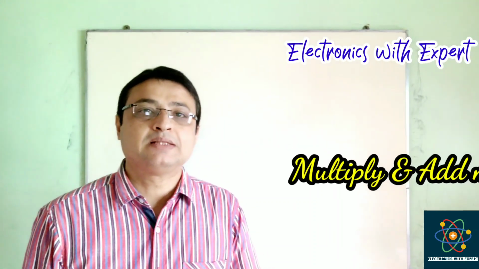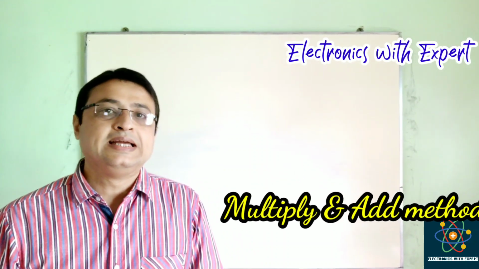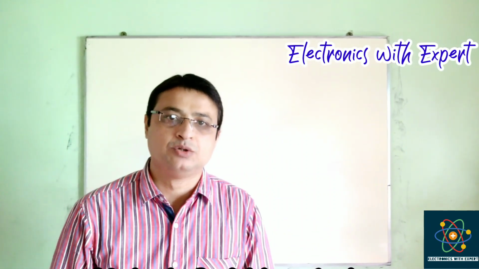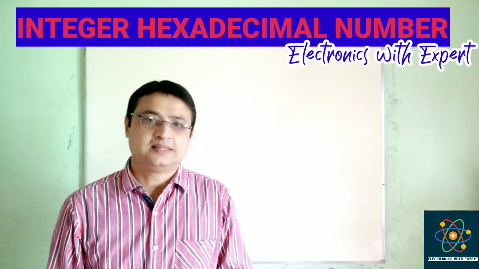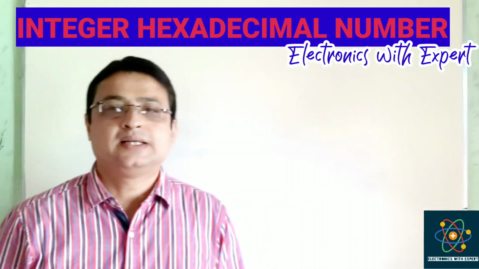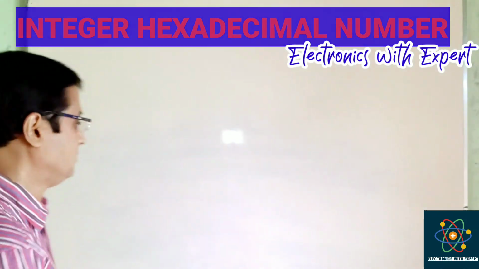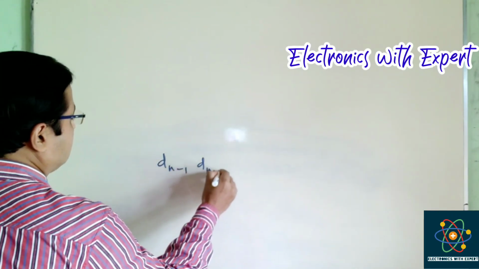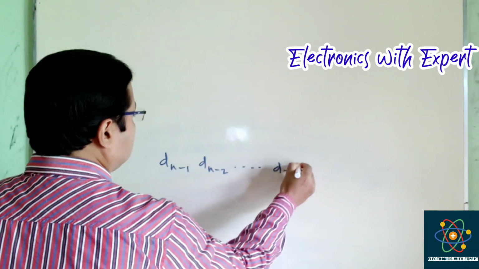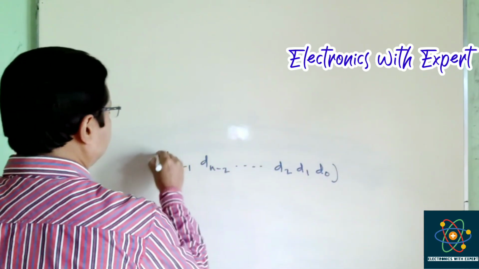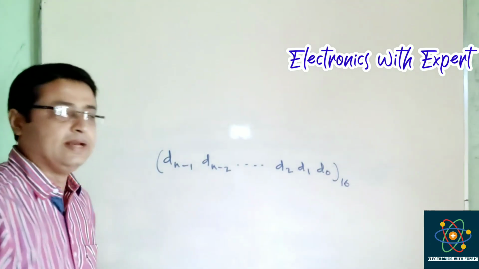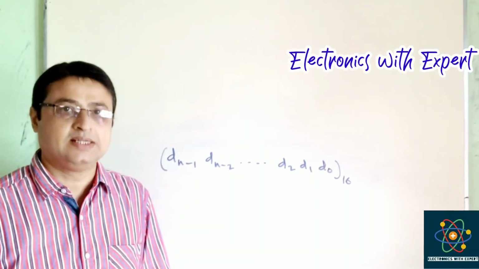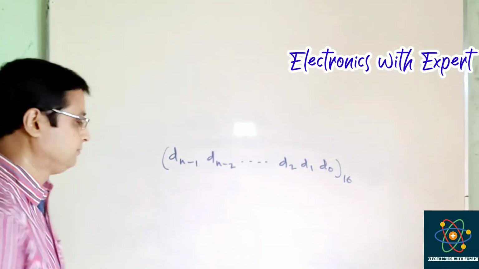Remember one thing, this method is applicable only to the integer part of any hexadecimal number, or it may be applied to any integer hexadecimal number. So if any hexadecimal number can be written as Dn-1, Dn-2, D2, D1, D0, then its decimal conversion can be obtained by nested multiplication technique as shown here.